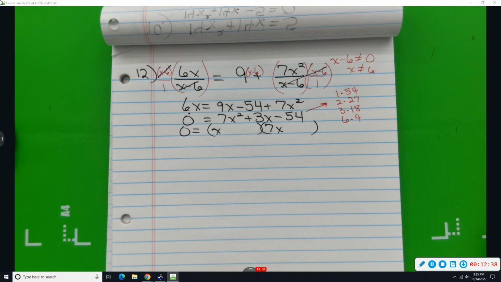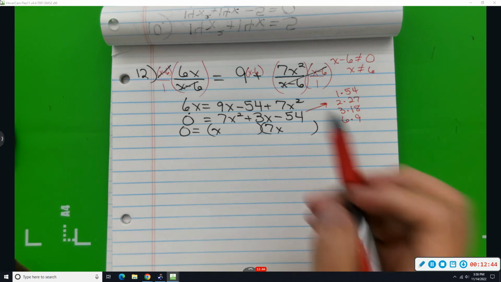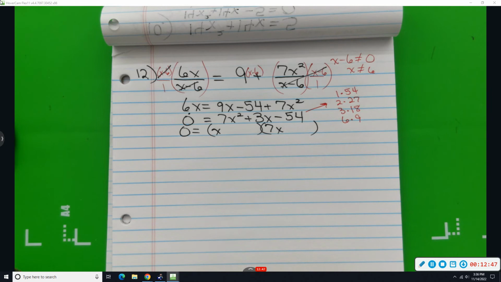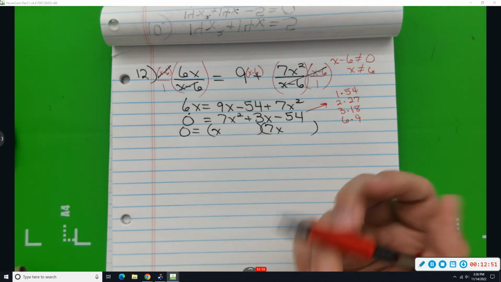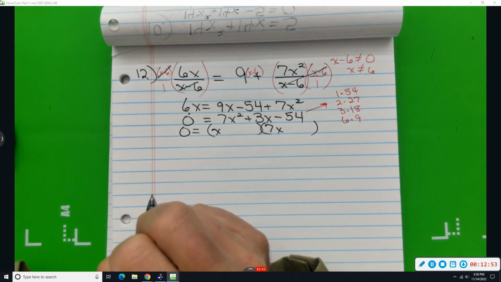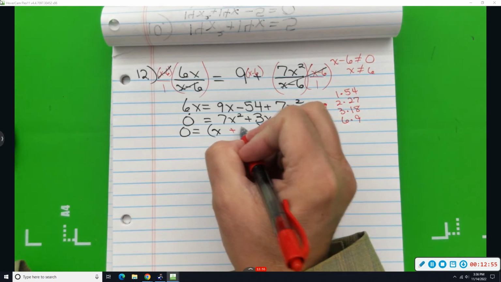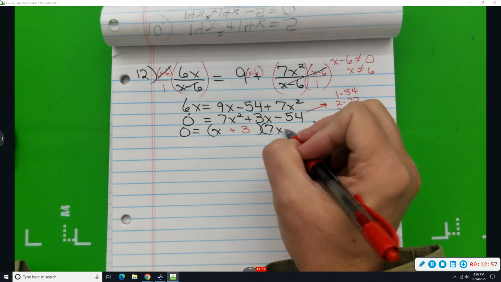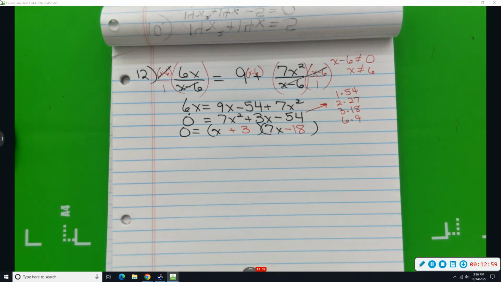Okay. Oh, what do we know about the signs? Last sign's a minus, so we need one of each sign. I see it. Do y'all see it? How about a plus 3 and a minus 18?